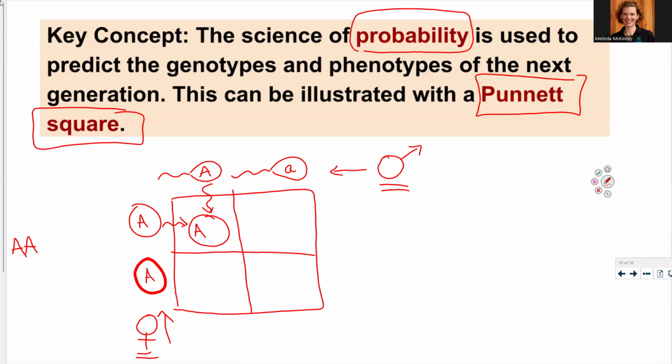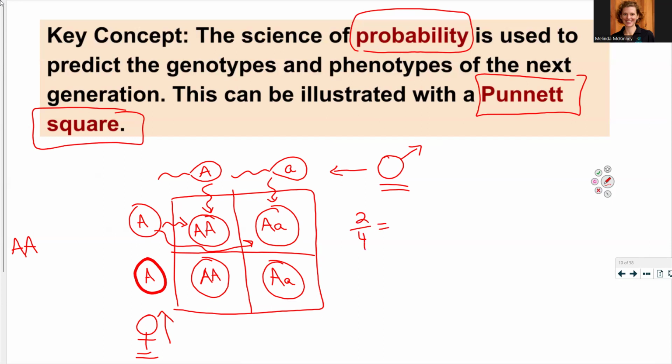So the zygote here in this case is going to be homozygous dominant. This zygote that's formed from this sperm and this egg is going to be heterozygous. This one is also going to be homozygous dominant, whereas this one again is heterozygous. So then you can count up, out of 4, we have 2 out of 4, or 1/2 of the possibility for the offspring are going to be homozygous dominant.